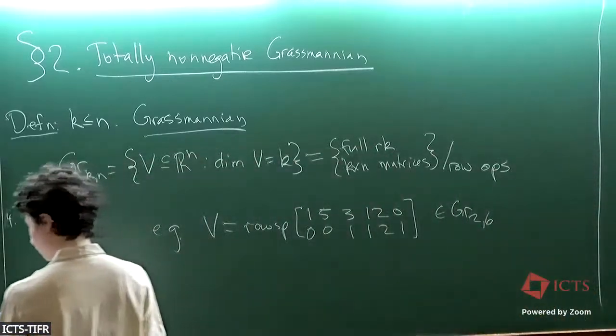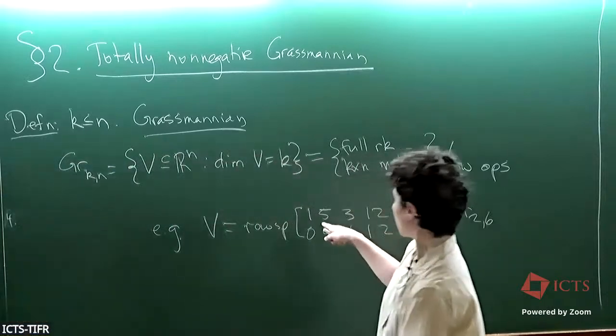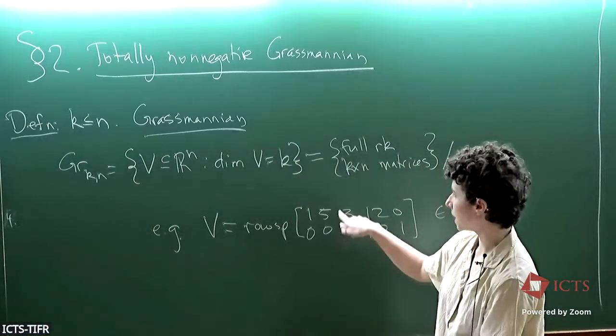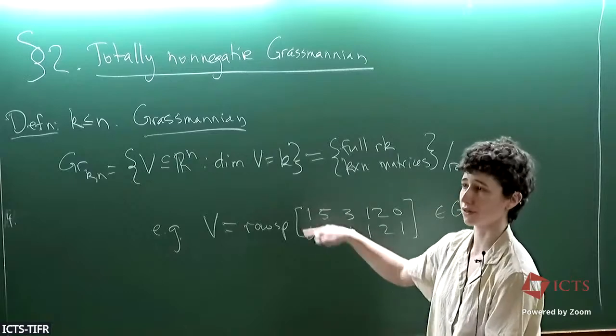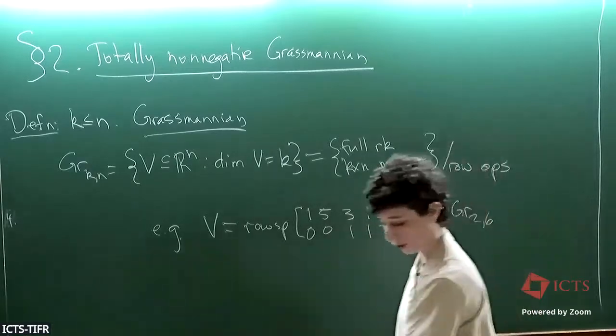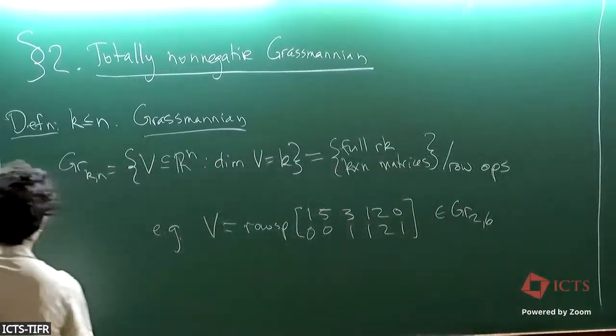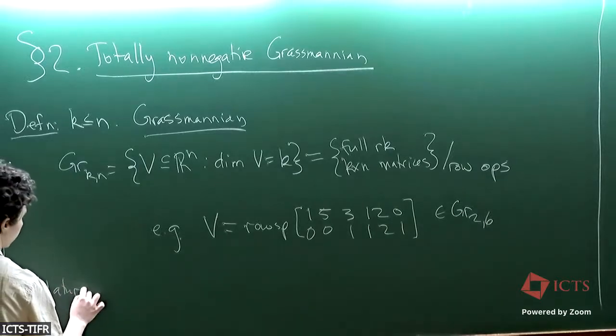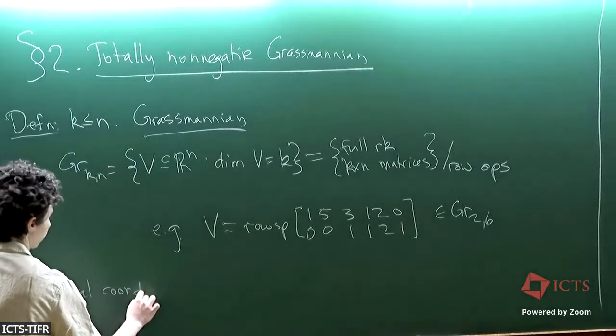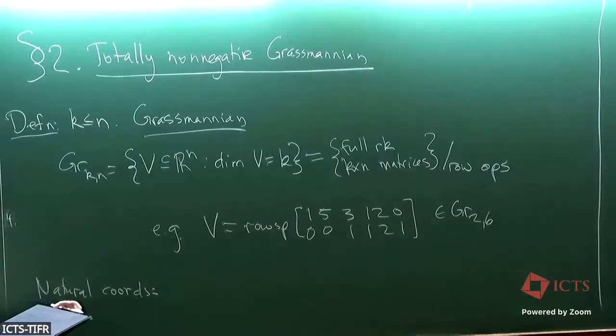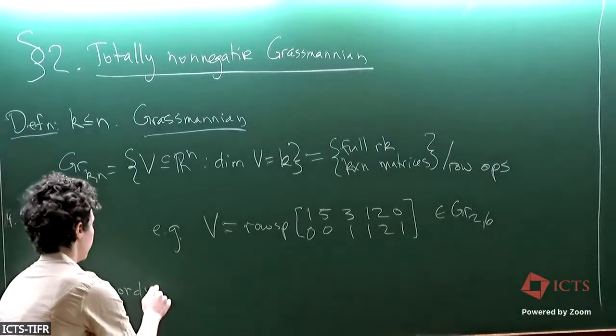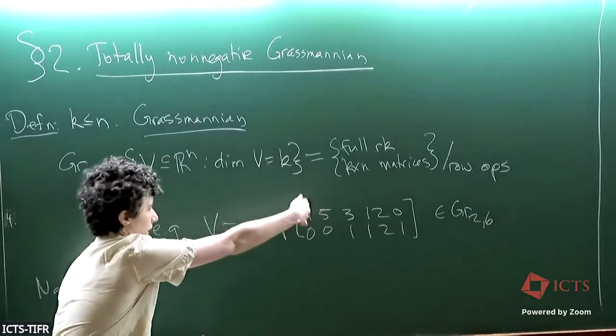The good choice of coordinates are instead the determinants of the maximal square submatrices, which are called the maximal minors. Okay, so we have some natural coordinates, which are called Plücker coordinates, right? And they're just what I said, these maximal minors.